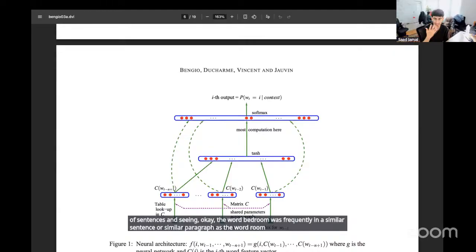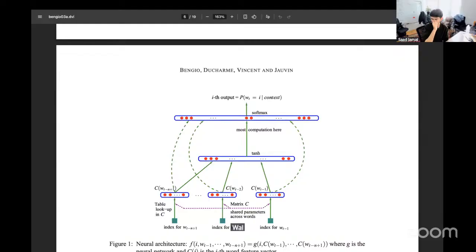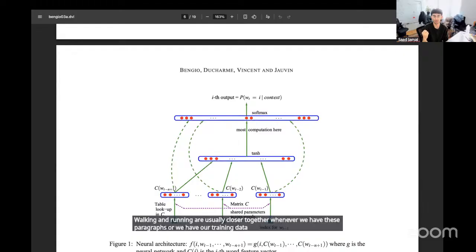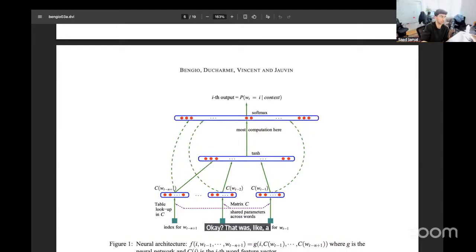When you see these sequences of words over and over again, you'll realize that, for example, walking and running are usually closer together in our training data than words like walking and fighting, right? So that's the best that we're able to do right now: we train on sequences of tokens. In this case, our tokens are words. And whenever similar tokens are in the same sentence, we say they're kind of related. Okay. That was like a 10,000-foot approach to word embedding.